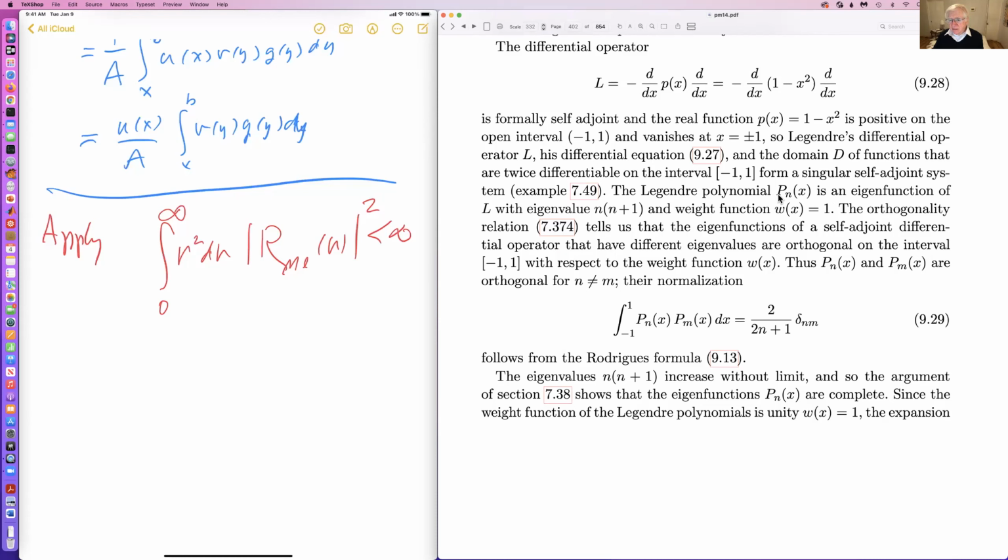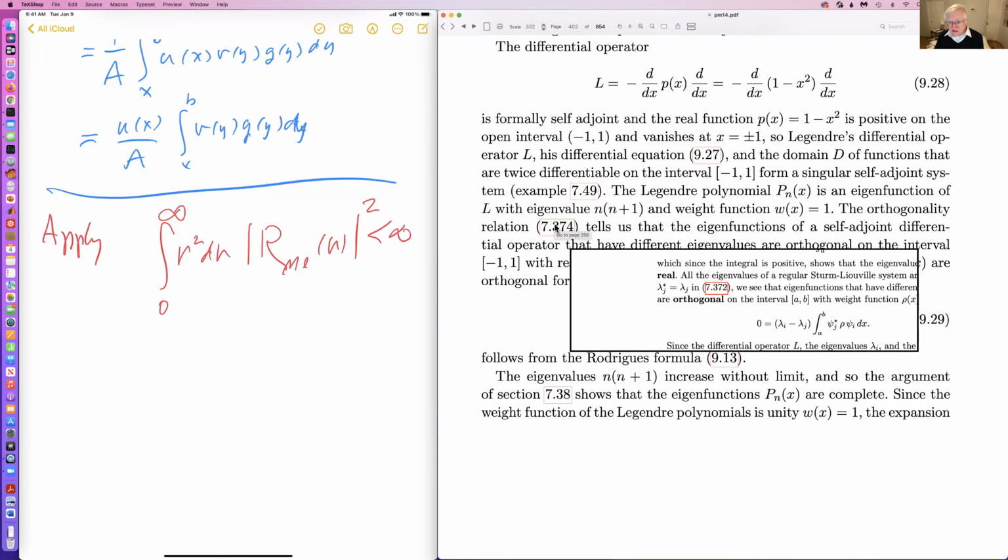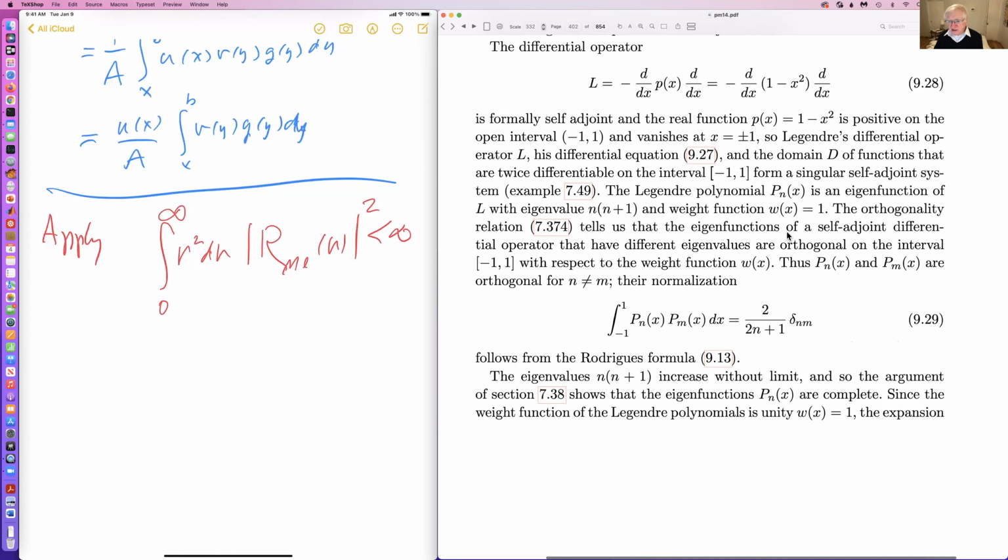The Legendre polynomial is an eigenfunction of L with eigenvalue n(n plus 1), weight function w of x equal to 1. The orthogonality relation, that's this orthogonality relation, tells us that eigenfunctions of a self-adjoint differential operator that have different eigenvalues are orthogonal with respect to the weight function.